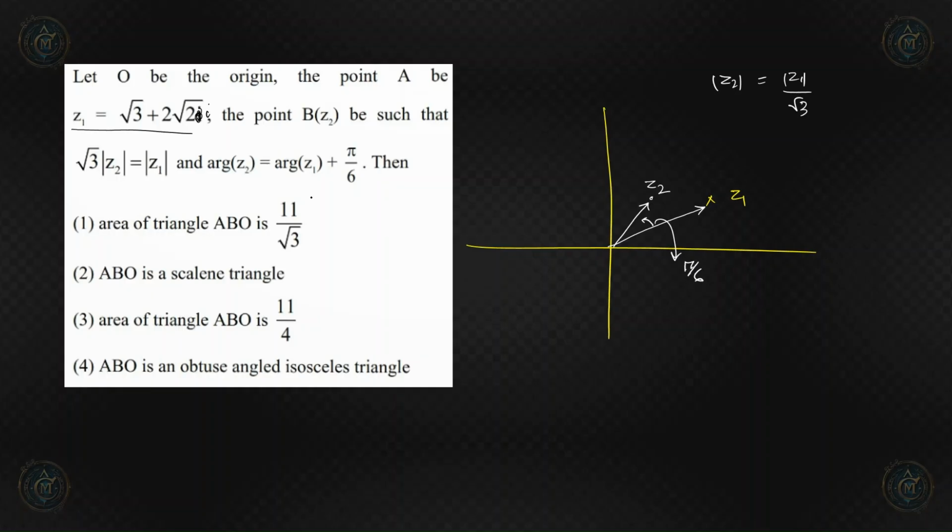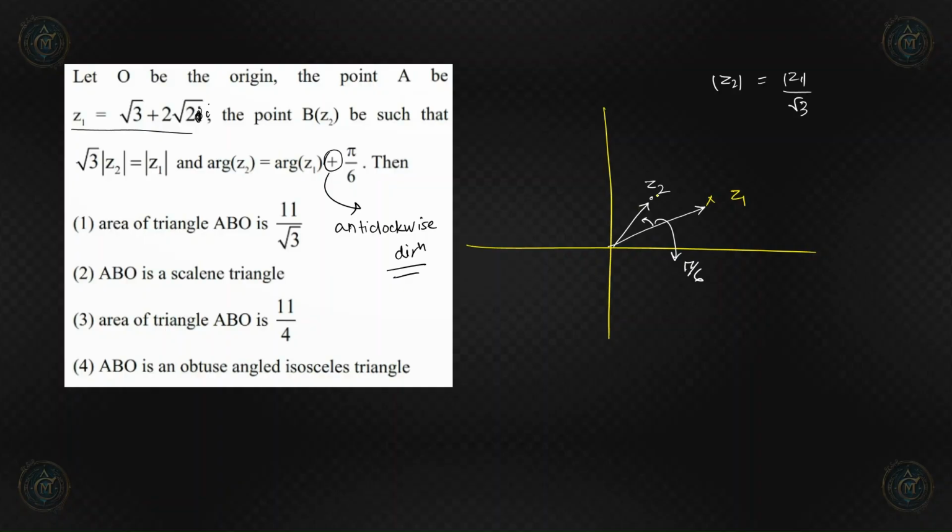And what is the significance of this plus sign here? The plus sign indicates that we have to travel from z1 towards z2 in the anti-clockwise direction. And mod of z2 is mod of z1 divided by root 3, that means z2 is closer to the origin, since mod of z2 is less than mod of z1.